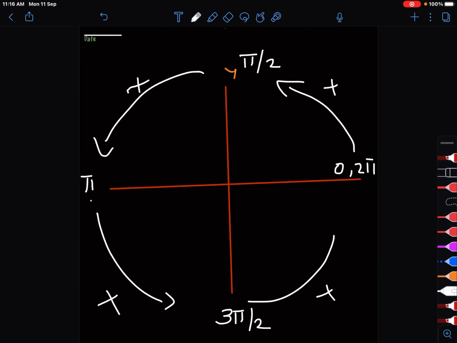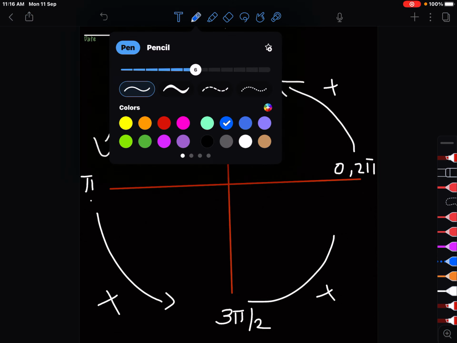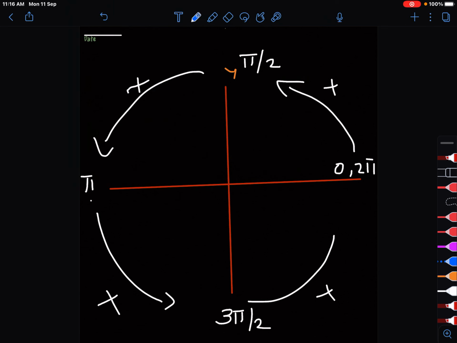If you are going in the anti-clockwise direction, you will be getting all positive. Everything is positive. But if you are going in this direction, it will be negative. This is a simple thing, you might be knowing it.